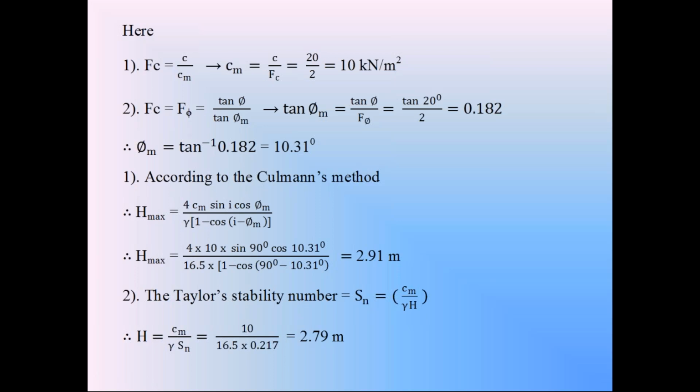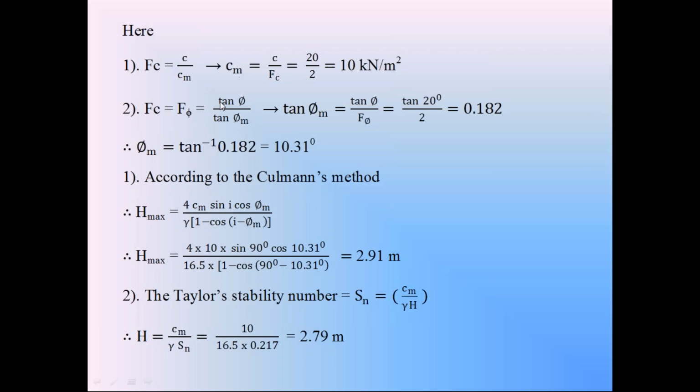So the second step, the factor of safety of friction Fphi is equal to tan phi by tan phi m. This is the factor of safety of friction, where phi is the natural angle of friction and phi m is the mobilized angle of friction.